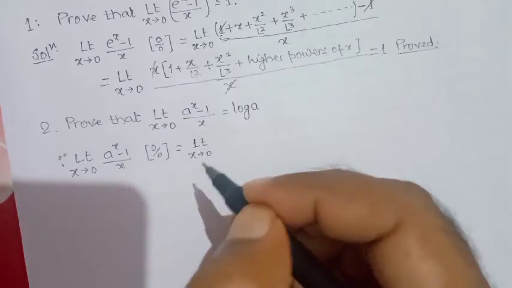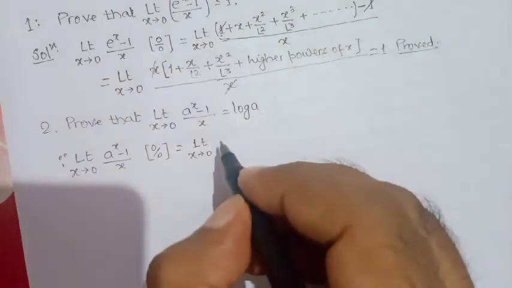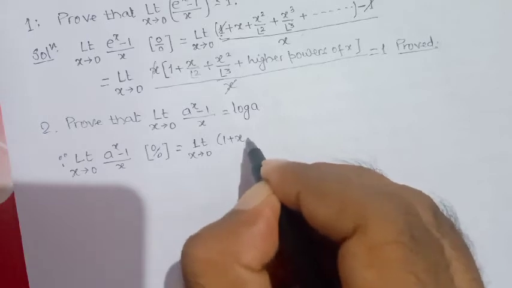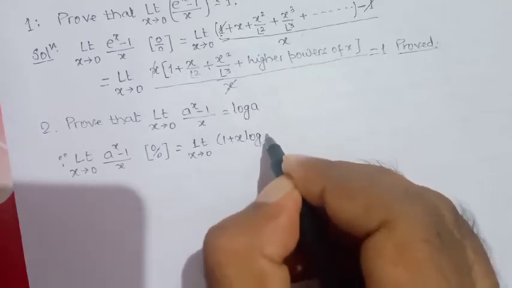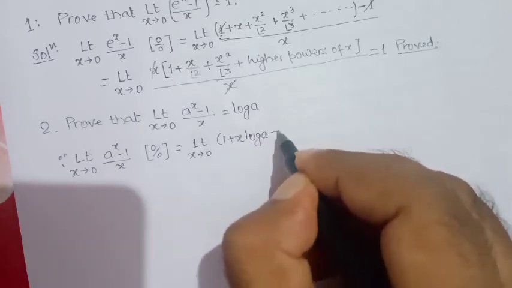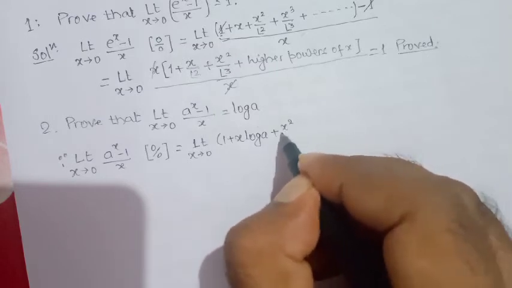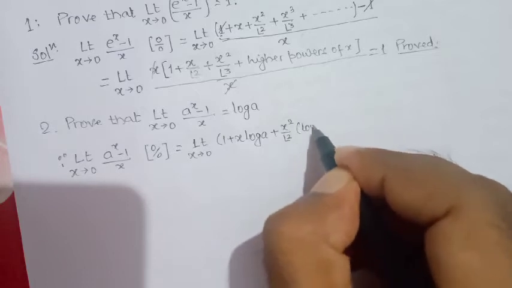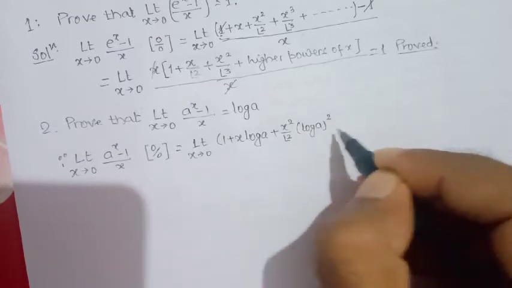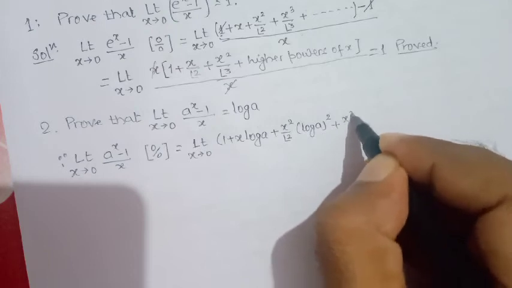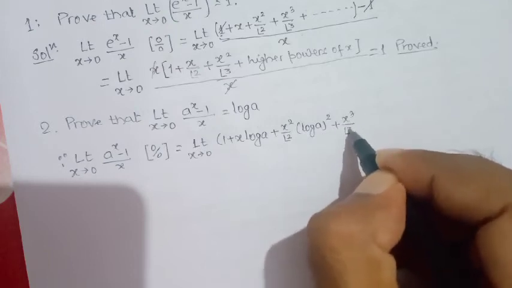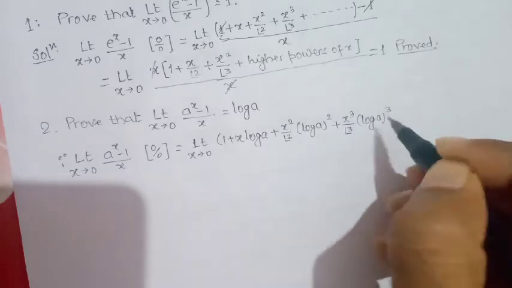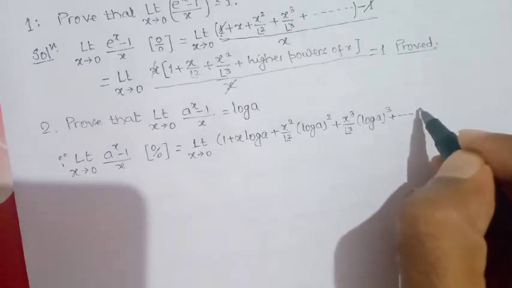A to the power x is 1 plus x log a plus x square by factorial 2 log a square plus x cube by factorial 3 log a whole cube plus higher powers of x.